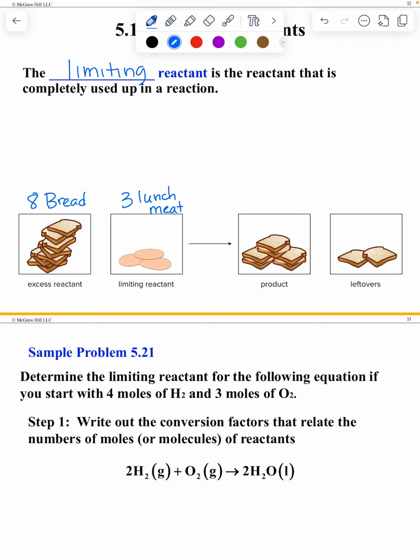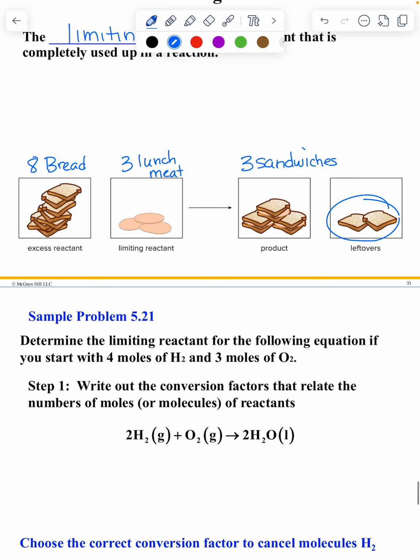It's the reactant that was used up first. And as soon as our lunch meat ran out, we could not make any more sandwiches. So similar to that, in a chemical equation, we can have a limiting reactant, and as soon as the limiting reactant runs out, the reaction stops. And so it is important to know what that limiting reactant is.